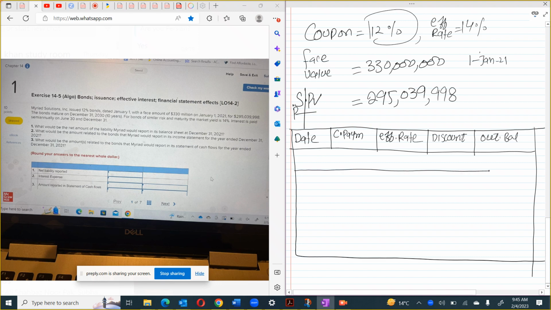The first date is 1st January 2021. At the start of the period, we write the outstanding balance, which is the present value, the selling price: 29.5039998. I need the full year, but if you go to the question, the interest is paid semi-annual.